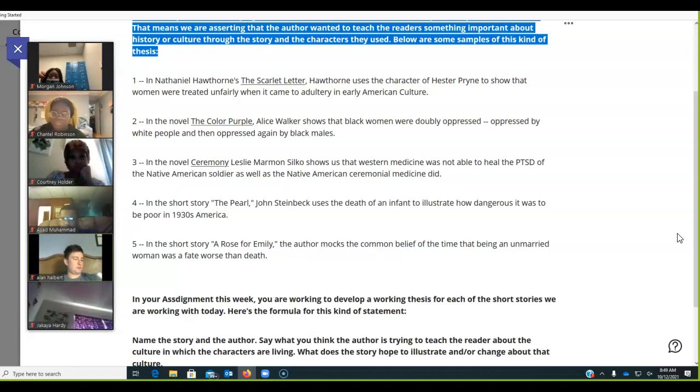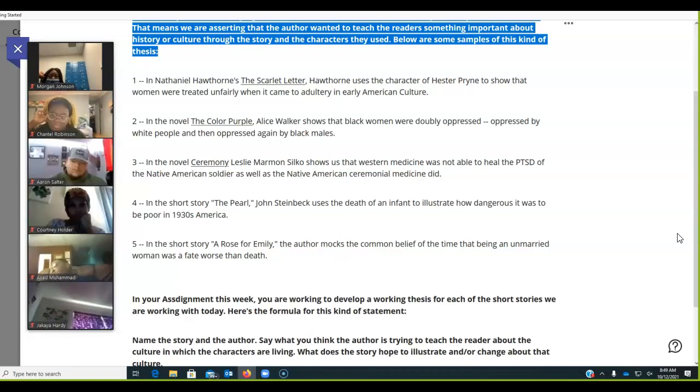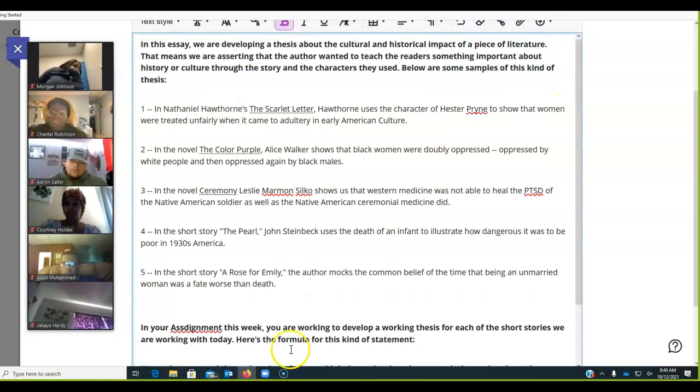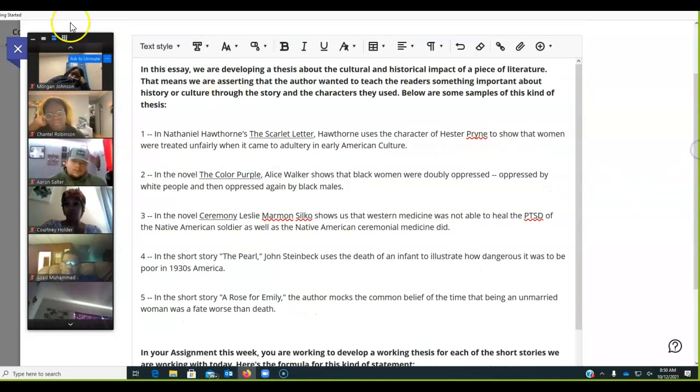But here we are trying to look specifically at why they're putting their characters in that moment in history and what they're trying to teach us about cultural shifts and changes, okay? So it's a cultural and historical analysis. And I see a spelling mistake in assignment. Okay. Sometimes I type too fast. The other day, this is really fine.